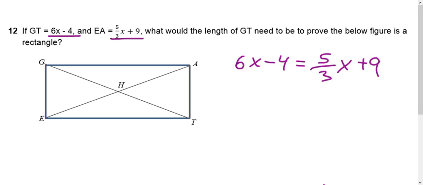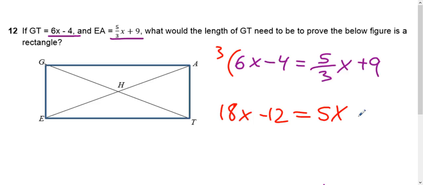Multiply everything by 3. So 3 times 6, that'll be 18x. 3 times 4 is 12. 3 times 5 is 15, divided by 3 is 5. And then 3 times 9 is 27. And now there's no more fractions. It would work out, get you the same answer no matter which way.